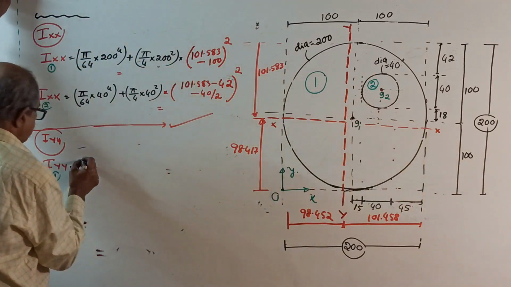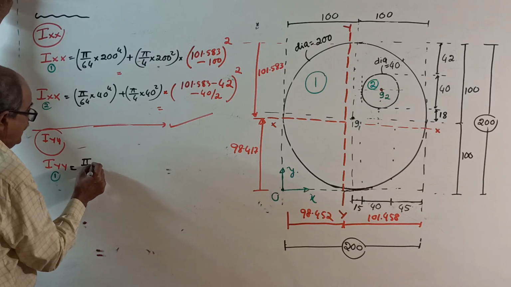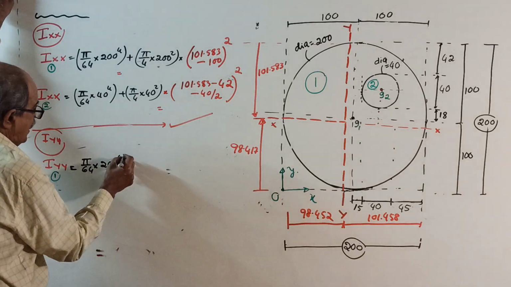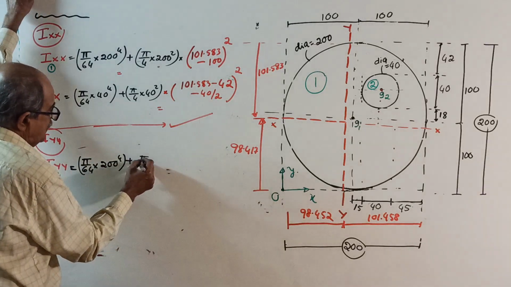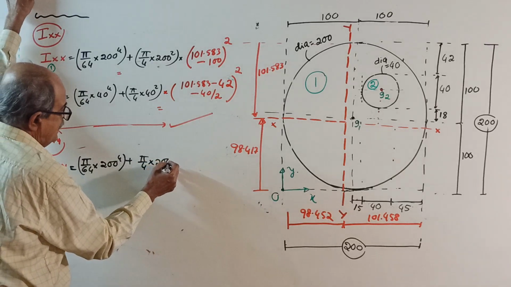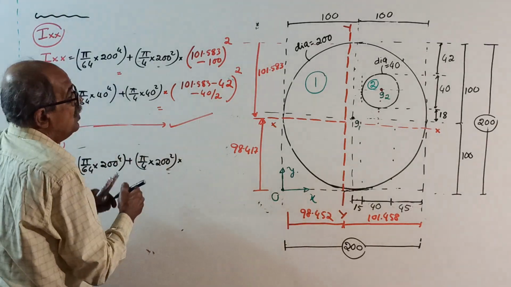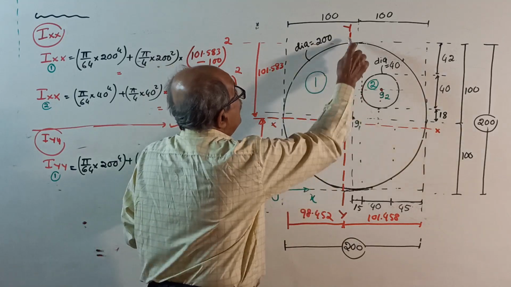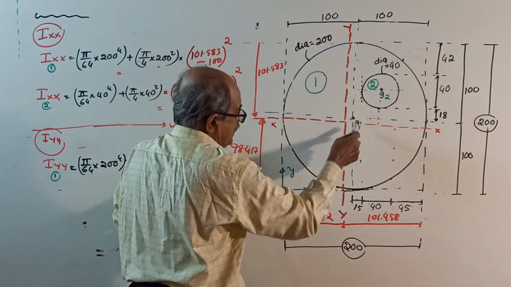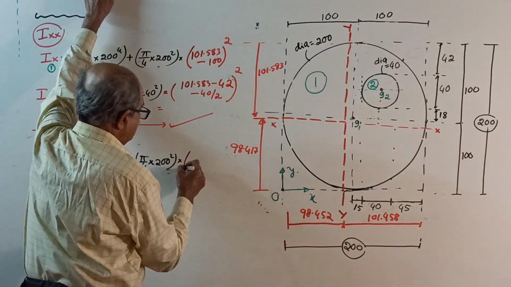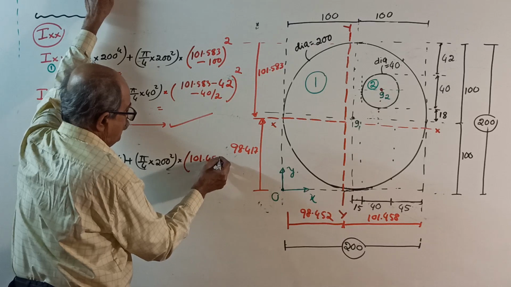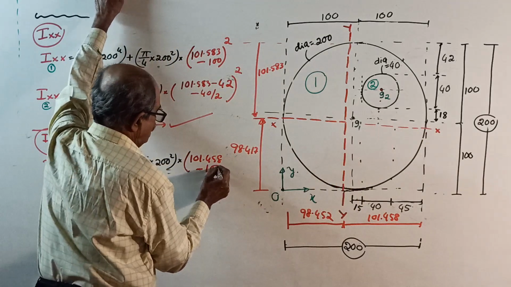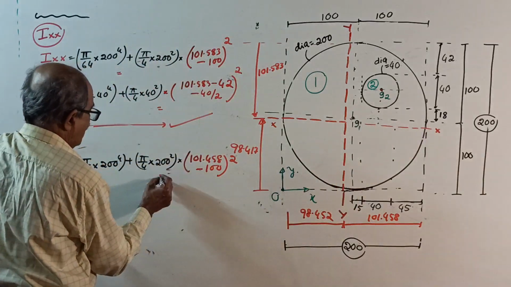Pi by 64, because for a circle any axis passing through the center is pi by 64 into 200 power 4, that is Ig, plus area, pi by 4 of 200 square, into the distance from centroid G1 to Yy, this distance square, that is 101.458 minus, from here to here is 100, or 200 by 2, that one square. Get the answer.